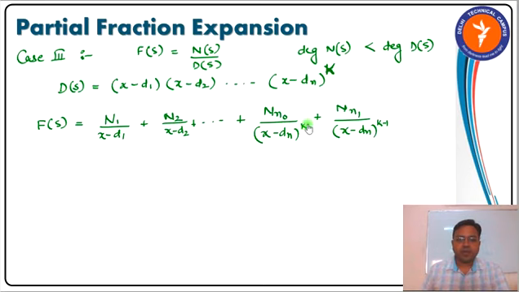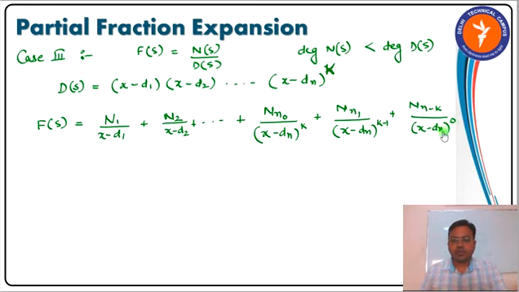We had k here and we have k minus 1 here, and this will continue till we reach nn(k), that is, the kth residue for this factor, divided by (x minus dn) to the power k minus k. K minus k means it will be 0.